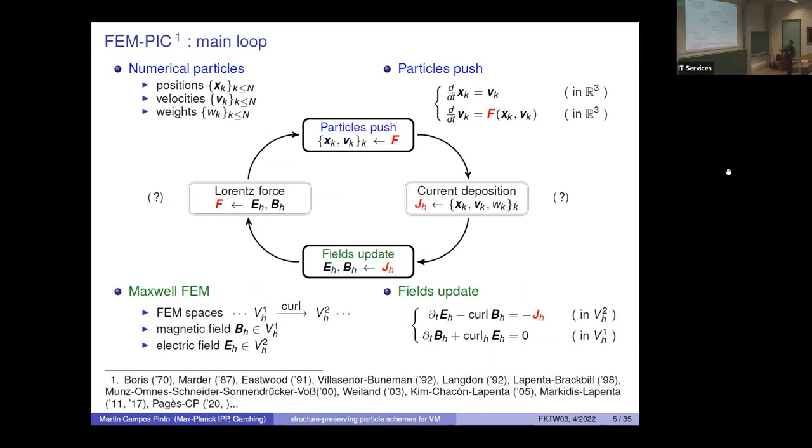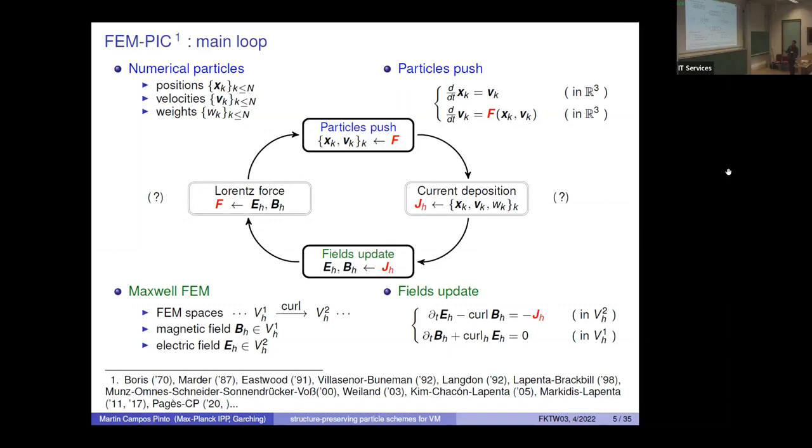And on the Maxwell side, you have a finite element discretization, which here I denote by two discrete spaces. One space where you can, for instance, take the discrete magnetic field, say in V1, and the electric field, you can take it in V2. There are different choices. Here I take this one as an example. The idea is that if you take the curl of a field in this first space, then you end up in the second space, which allows you to write this relation in the space of E, for instance.